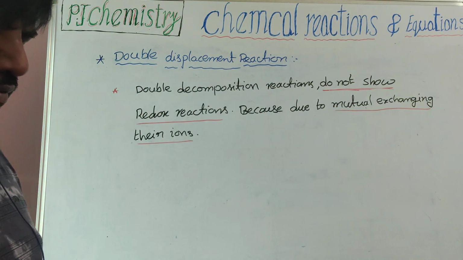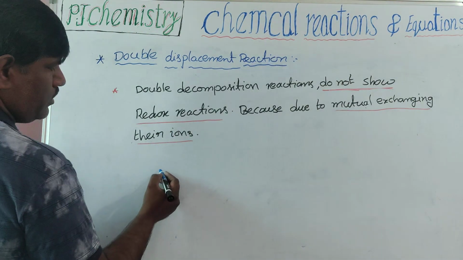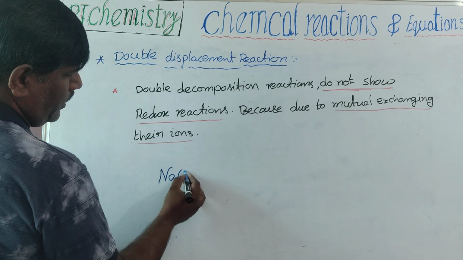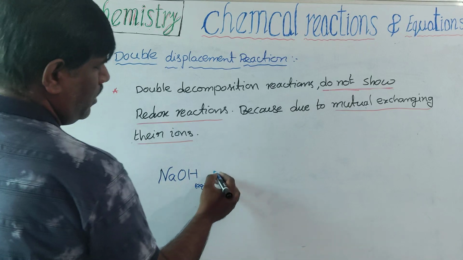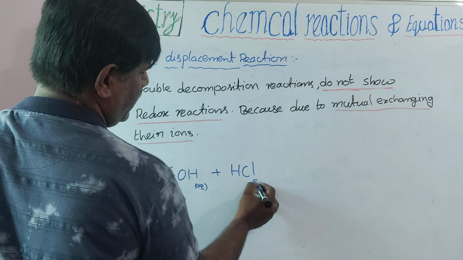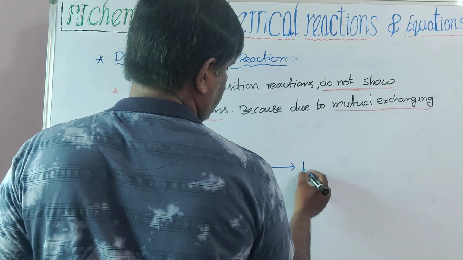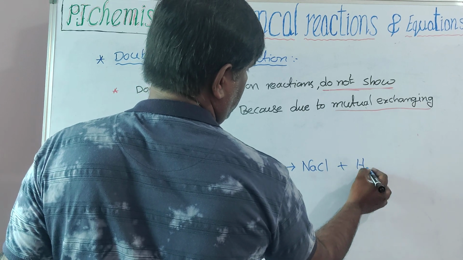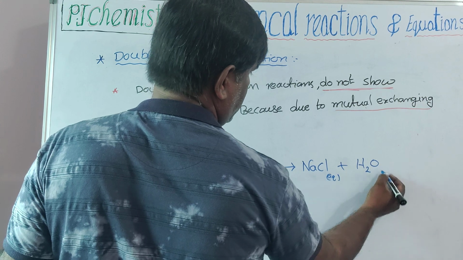If you want to check with one example, sodium hydroxide NaOH in aqueous solution reacts with HCl, hydrochloric acid in aqueous solution, and forms the products NaCl plus H2O. Now observe the changes in oxidation numbers.